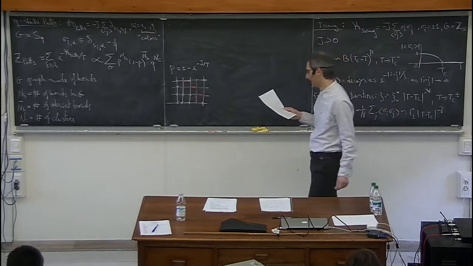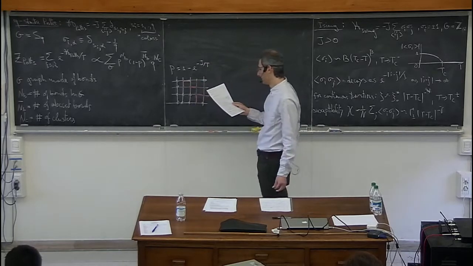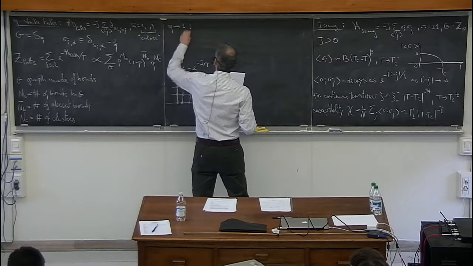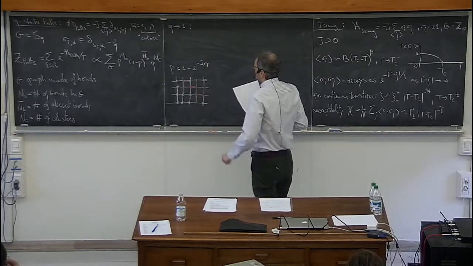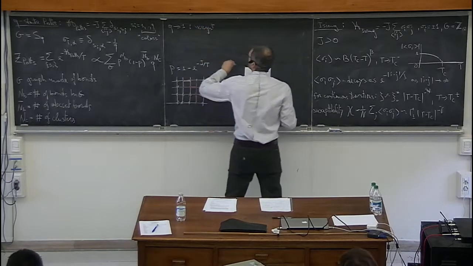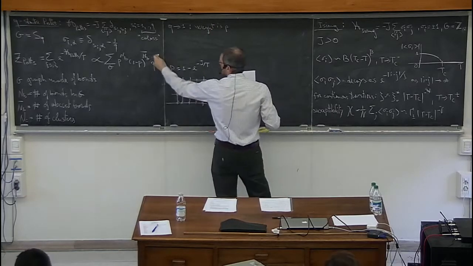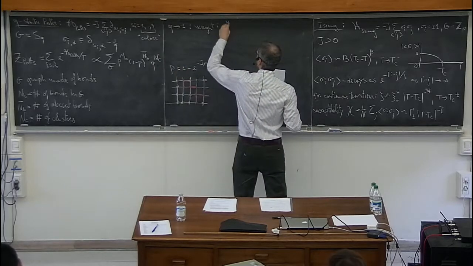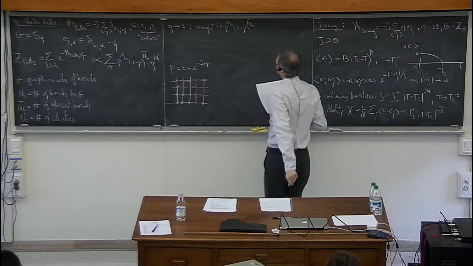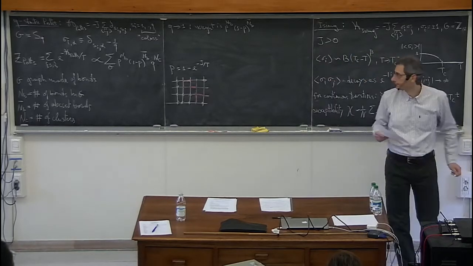And the second point is that, since Q can be taken continuously, you can take in particular the limit Q going to 1, in which the weight of the configuration is p to the number of bonds, 1 minus p to the number of missing bonds, because the Q factor drops. And this is the weight that you have in the percolation problem.